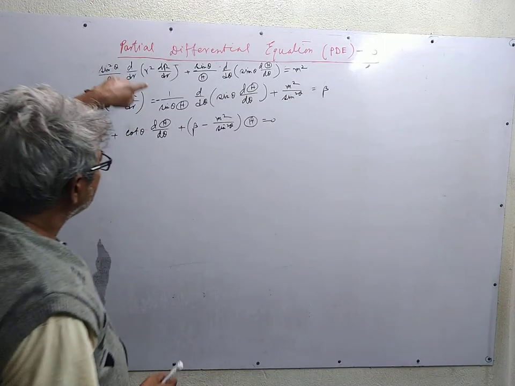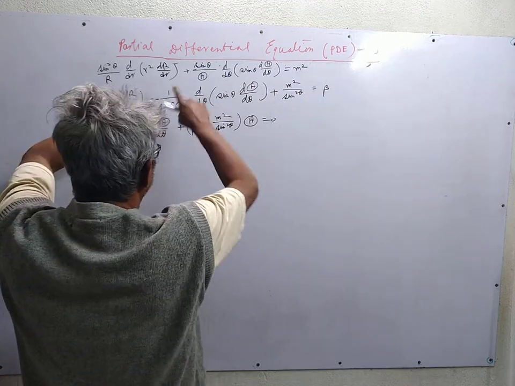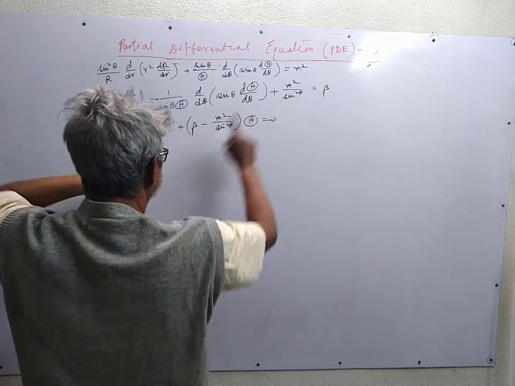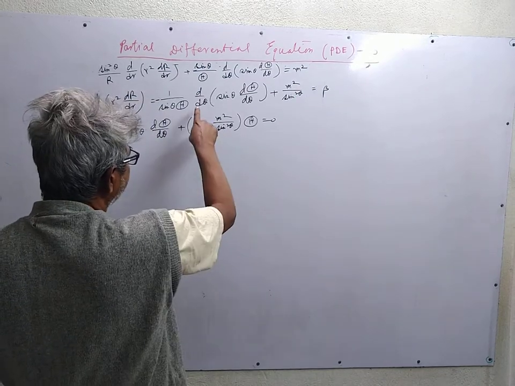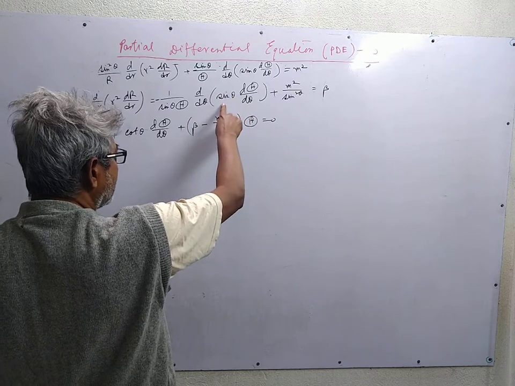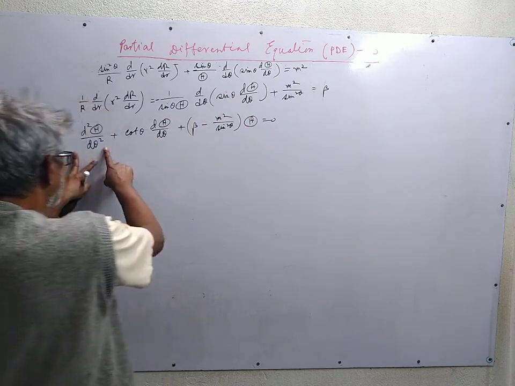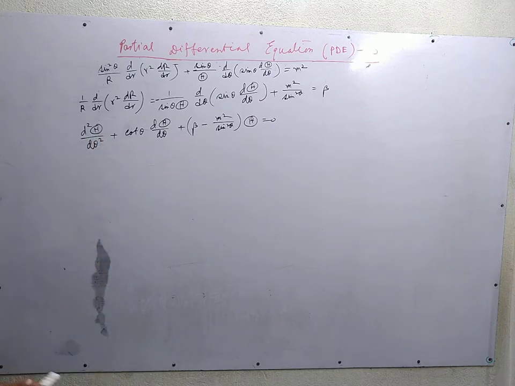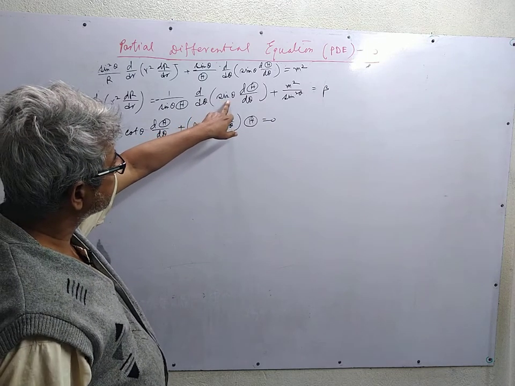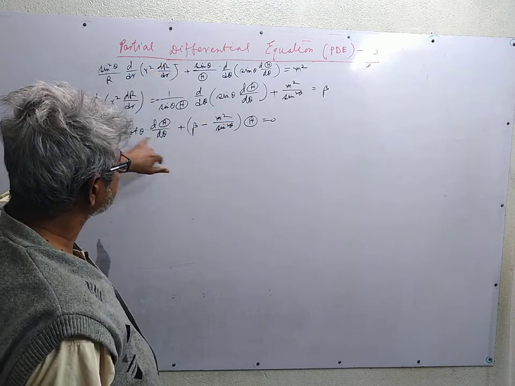We take this part on the other side, so beta is positive, this part is positive, and this part is negative. And when we differentiate this part, we have sine theta in the numerator as well as in the denominator, so this becomes d2 Theta d theta 2. When we differentiate sine theta, this gives us cos theta, so cos theta by sine theta is cot theta.